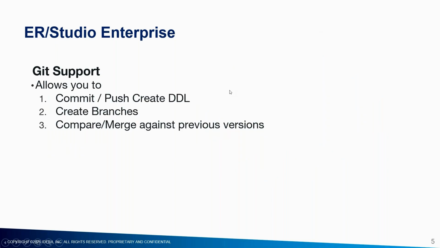So what entails as part of the ER Studio Enterprise Git support? First and foremost, it allows you to commit and push or create the DDL. It also helps you to create branches. Plus, it helps you to compare and merge against previous versions.